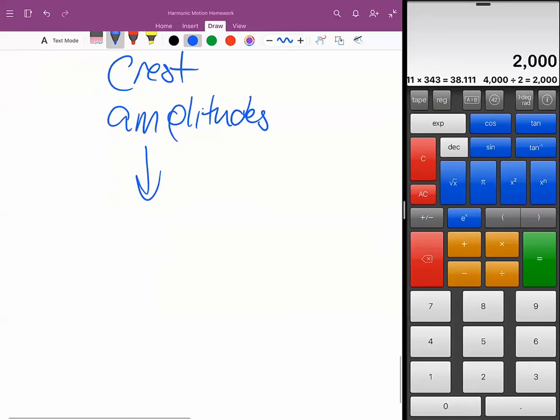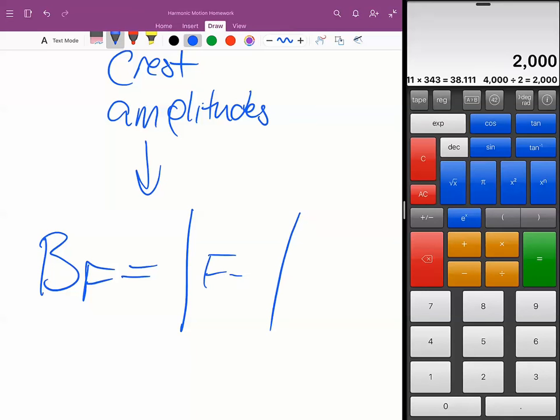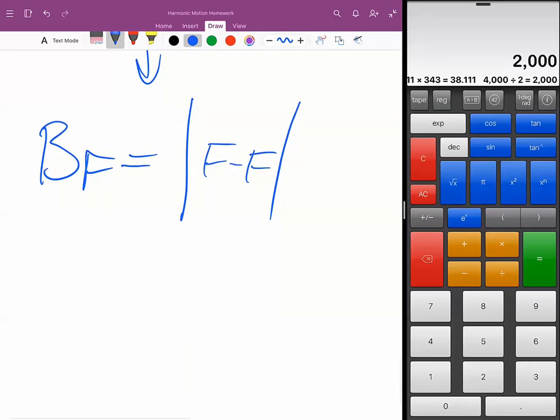Bear in mind that you have the beat frequency, which is based off the absolute difference. Now this can be plus or minus, depending on how the question is phrased and applied.